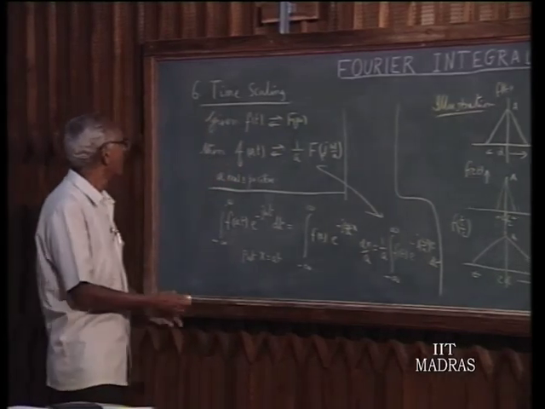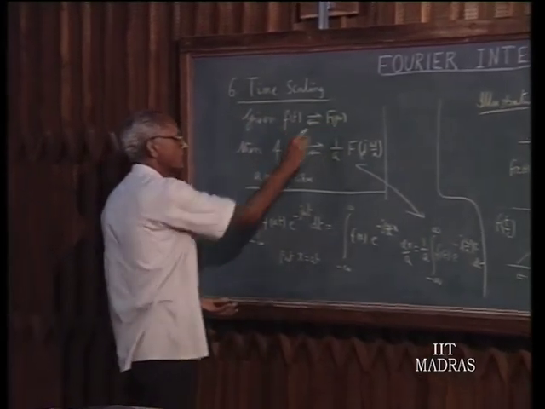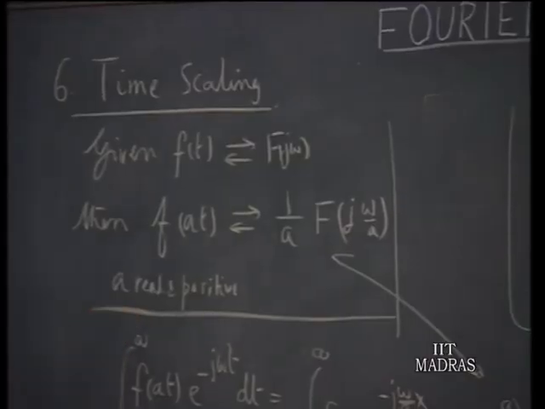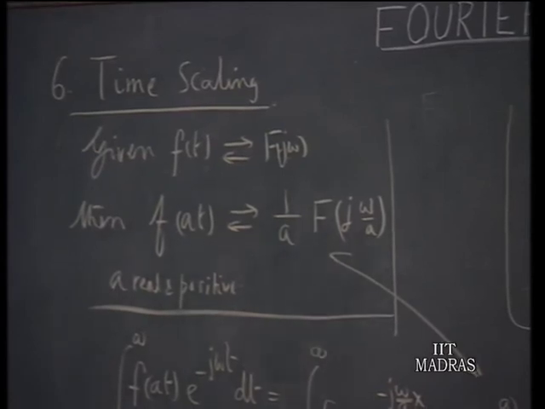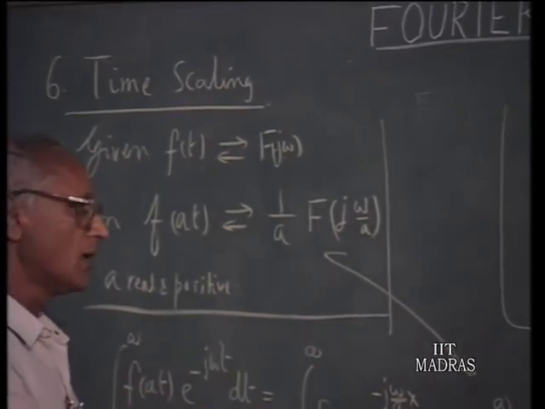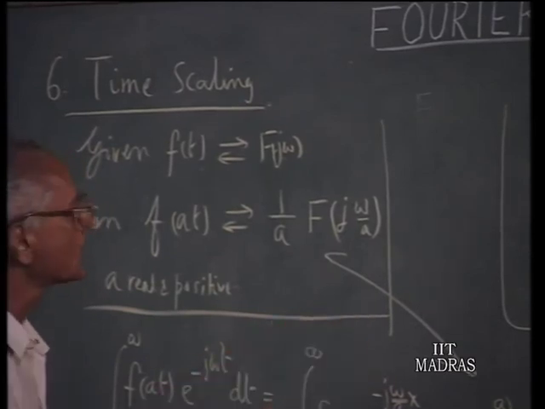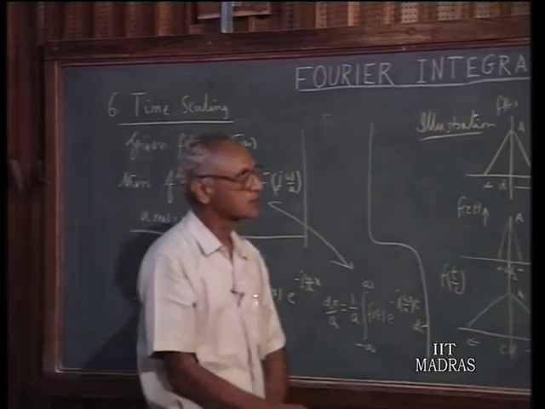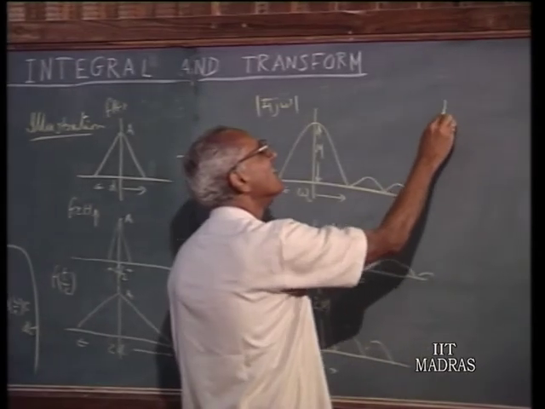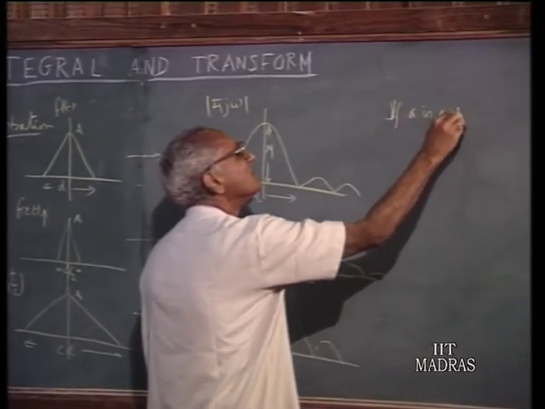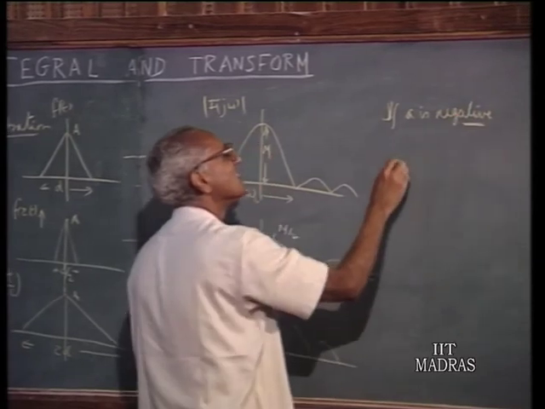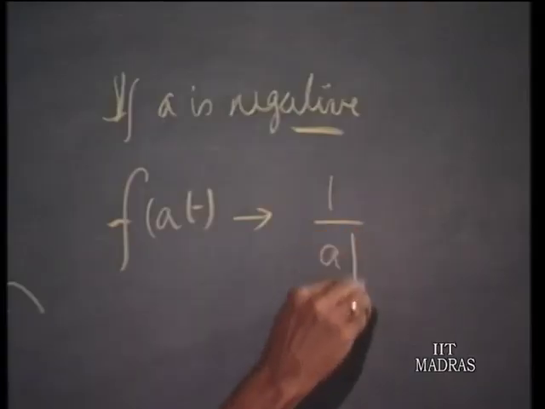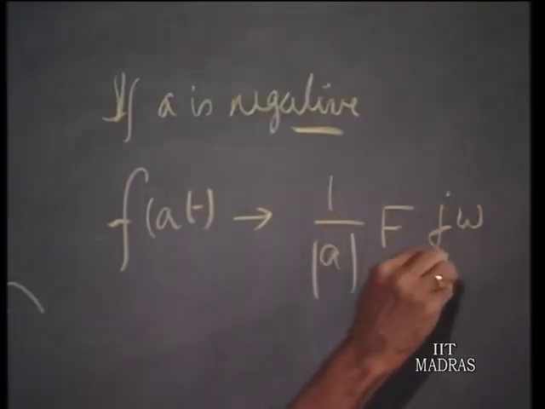We have seen now that if f of t goes to f of j omega, then f of a t is 1 over a f of j omega by a, and we assumed a is real and positive, so that we are talking about a being greater than 1 and less than 1, and we talked about this. It will be of interest for us to know what happens when a is negative. Then it can be shown that if a is negative, f of a t has the Fourier transform 1 over magnitude of a, f of j omega over a.